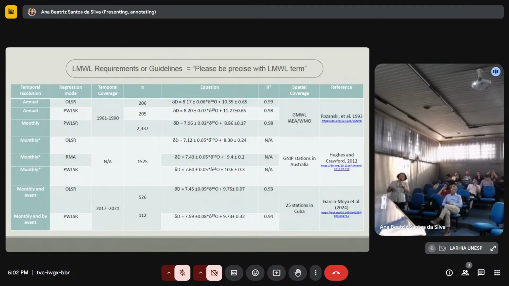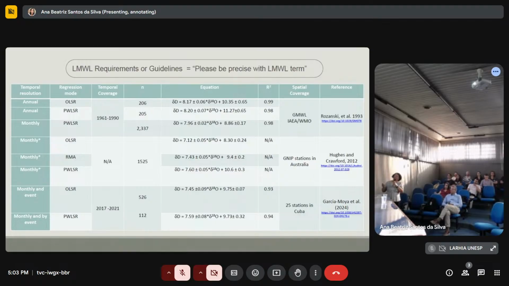You have the temporal resolution, how it was built, the regression mode, the temporal coverage, so the years that you collected, the number of points, the equation itself with the standard errors, because without the standard errors, you cannot compare these lines, the regression coefficient, the spatial coverage where these points were sampled, and the reference that makes this documentation.